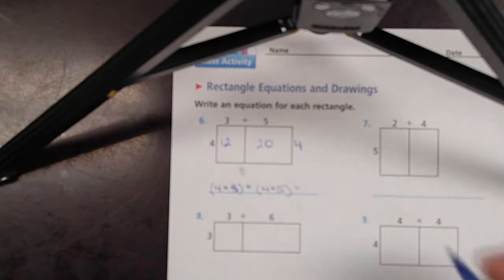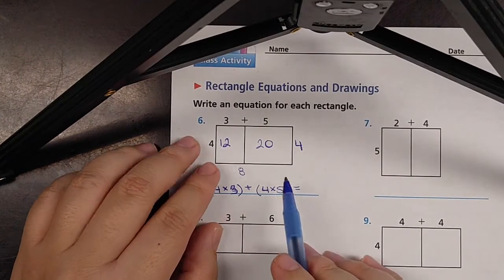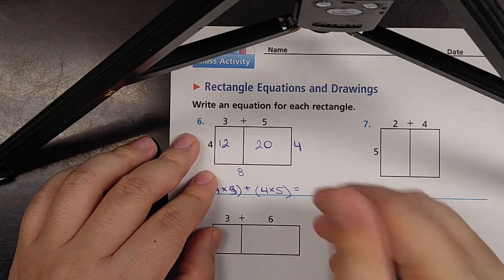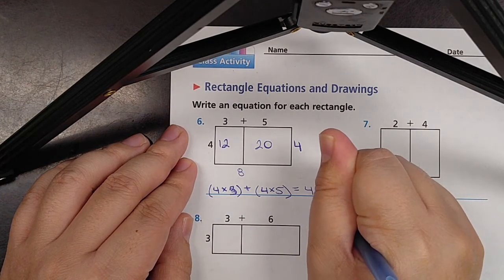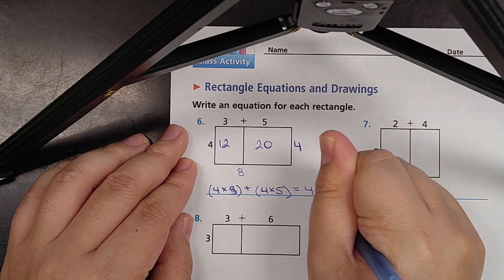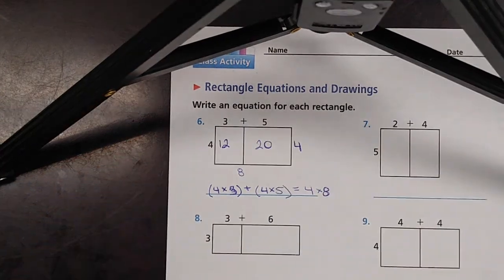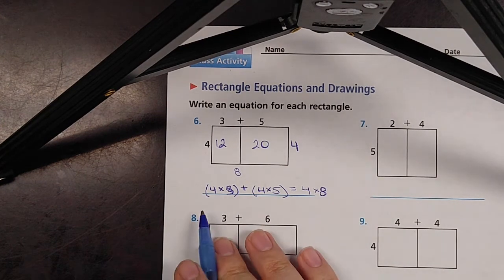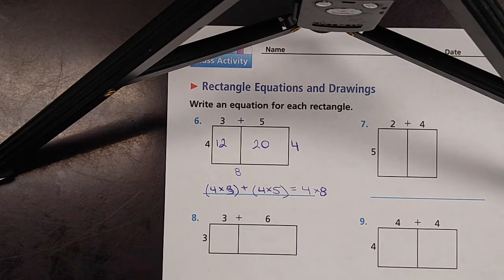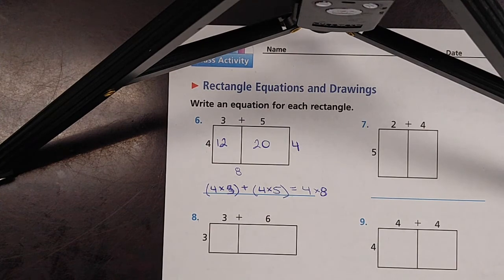And that's going to be the exact same as saying 4 times 8. So that's it. I'm not asking you to solve it. All I'm asking you to do is write the equation. Okay? So that's how you do one of them.